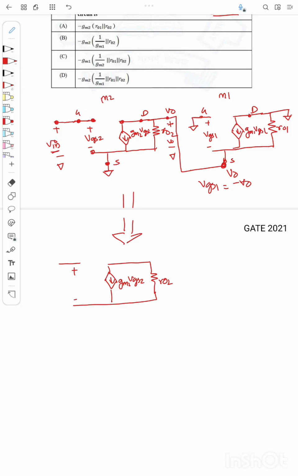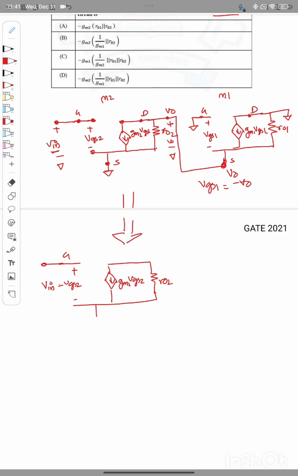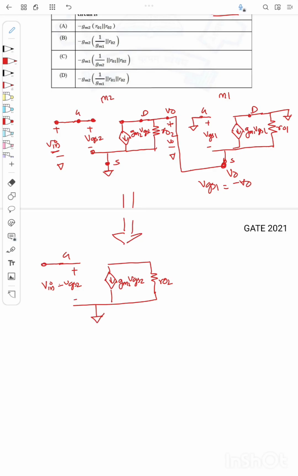So instead of VGS2, this is the same as Vin. This is the gate and source. Now I can draw the second part. Here the drain is connected to the source, so I will draw this source end like this. This is the drain of M2, and this is the source of M1.